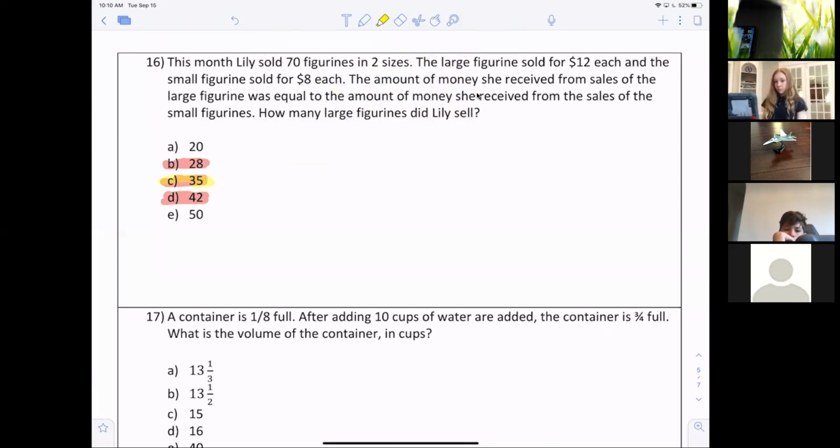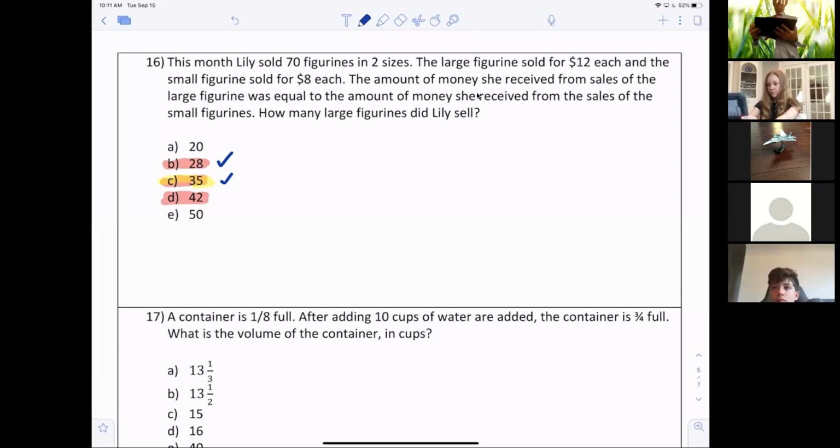My homeschool peeps, what'd y'all get? 28. I got a 35. Anybody else want to add something? Davis? Mr. Pika? Nothing. All right, let's see what we got now. The answer is 28.